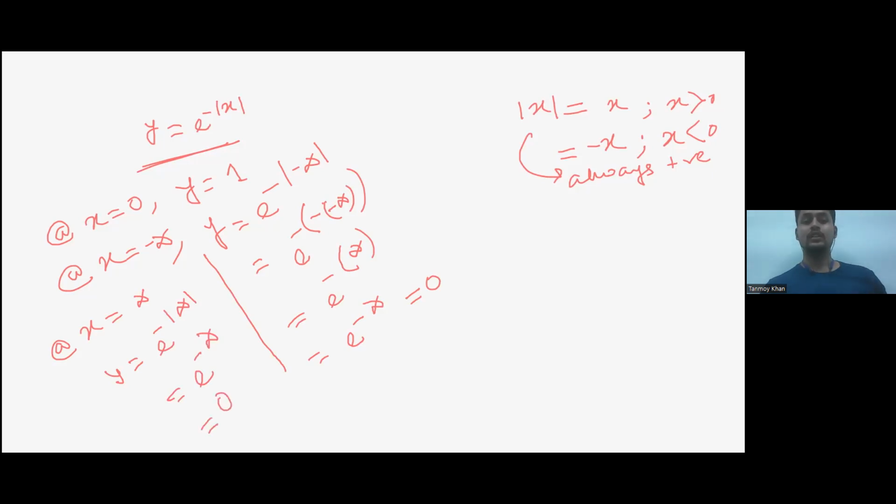So now if you want to draw the plot, at 0 this obviously has a value of 1.